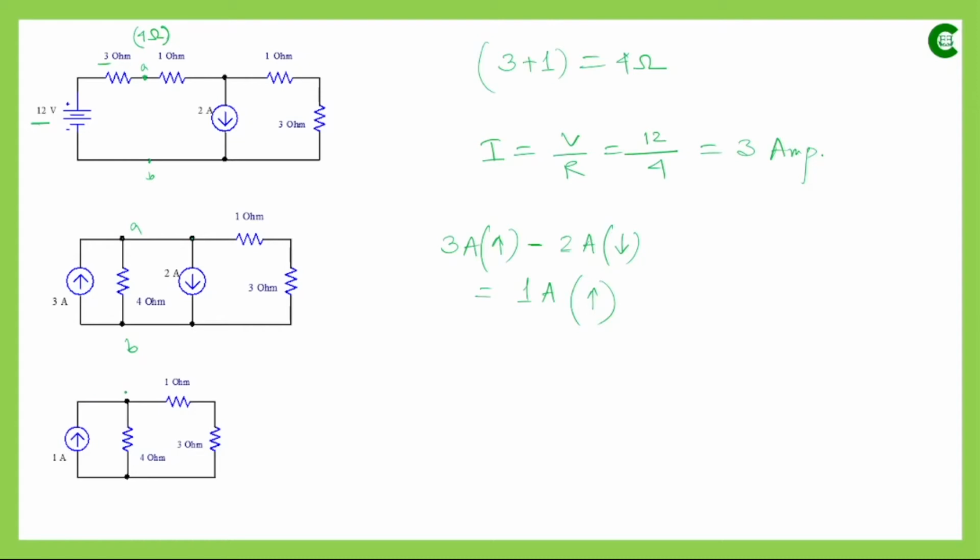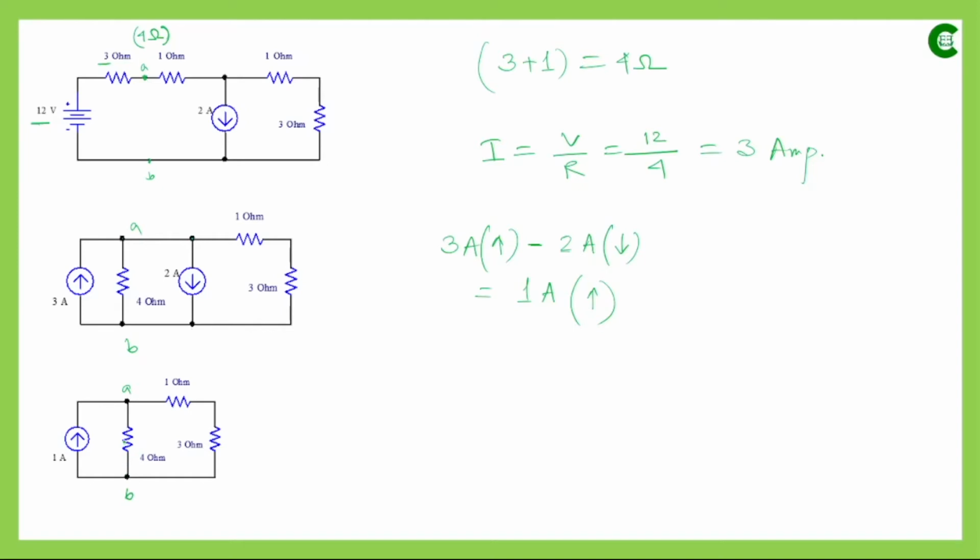Now in the final circuit between these two terminals AB we have a current source with the net value of 3 ampere and 2 ampere, so it is 1 ampere, since they were delivering current in opposite directions.